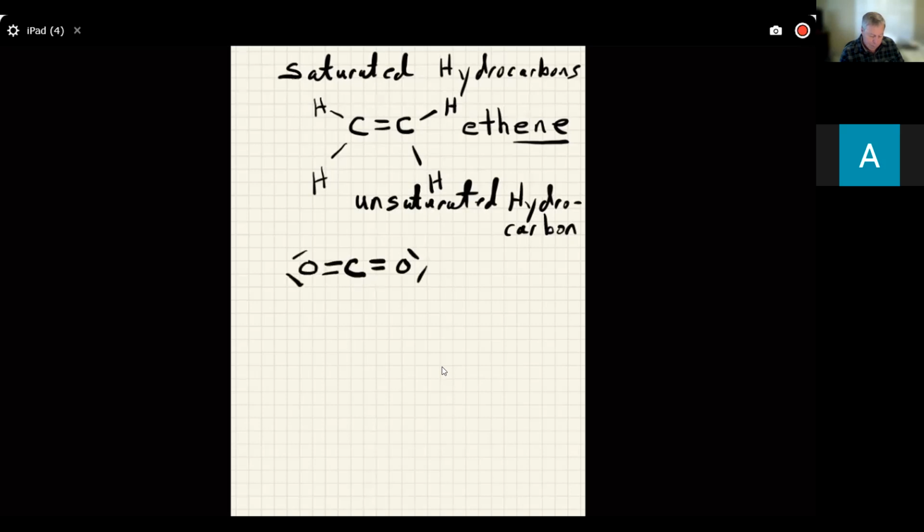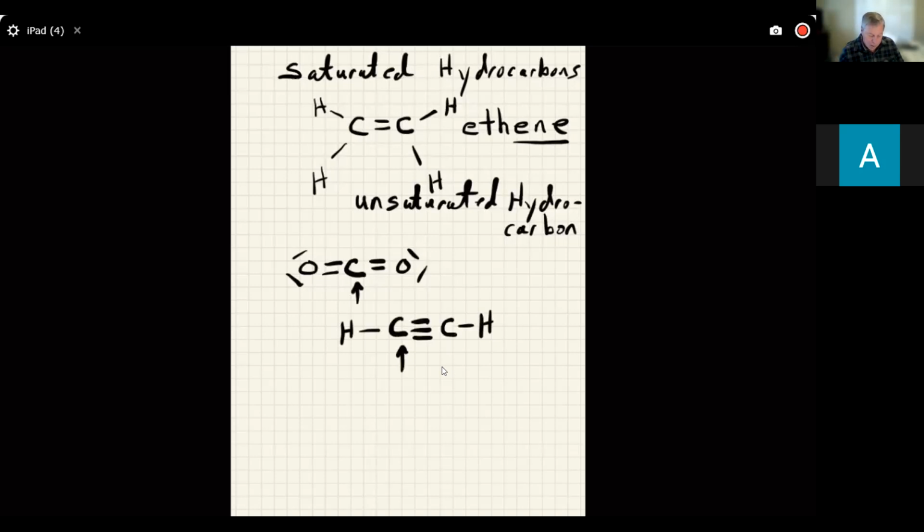So that carbon is attached to 2 atoms and 2 double bonds. Now, another carbon, let's do the triple bond version of ethane. So each one of these carbons is also attached to only 2 things.